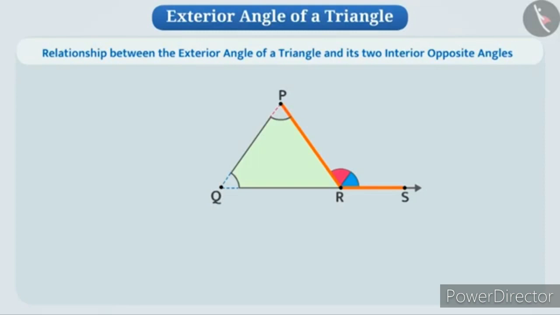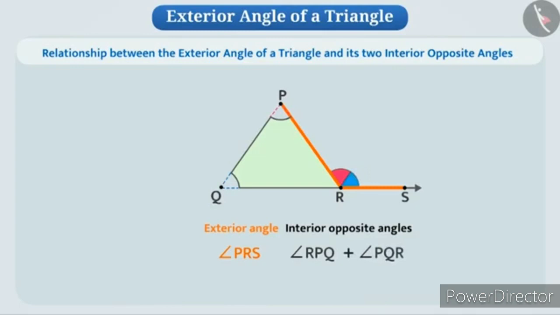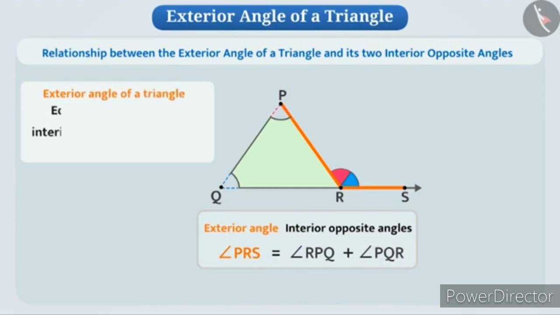This shows us that the measure of the exterior angle, angle PRS of triangle PQR, is equal to the sum of its interior opposite angles, angle RPQ and angle PQR, which means angle RPQ plus angle PQR is equal to angle PRS. So, now we can say that the exterior angle of any triangle is equal to the sum of its interior opposite angles.